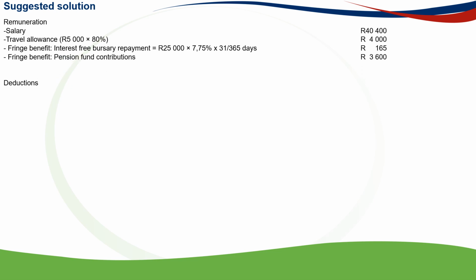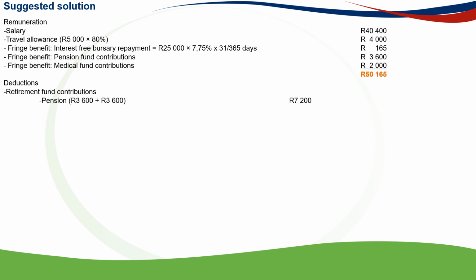And the fringe benefit for the pension fund contributions, 3,600 Rand that the employer contributes, which is taxed as remuneration. And the fringe benefit for the medical fund contributions, 2,000 Rand that the employer contributes, is taxed as a fringe benefit, 2,000 Rand. And that gives us a total of 50,165 Rand.